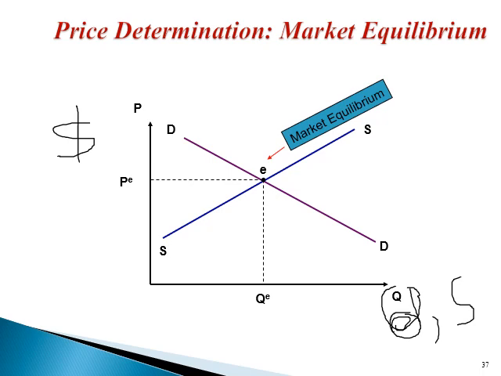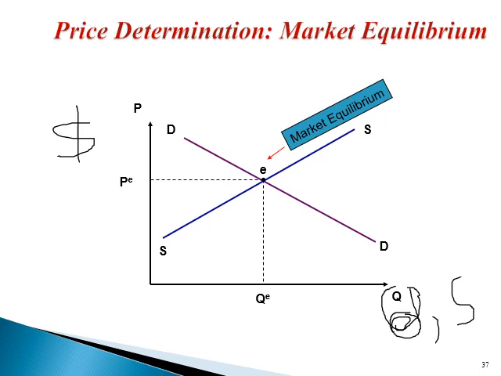At QE, which is quantity equilibrium, the quantity demanded is equal to the quantity supplied. This is market equilibrium. Market equilibrium happens when the demand curve intersects with the supply curve. Remember, both the demand curve and supply curve are functions of the price of output, assuming that everything else remains unchanged.